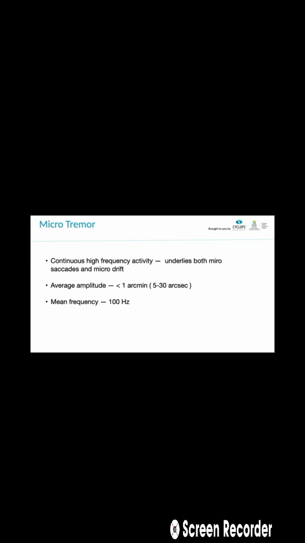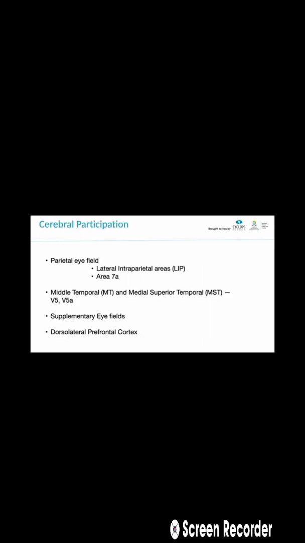Now, after knowing about these three miniature movements, for the eye to fixate on an object, this visual fixation system needs the participation of so many cerebral structures and brainstem structures.